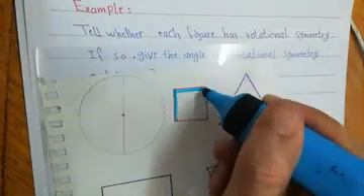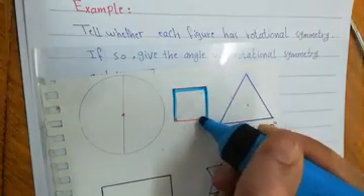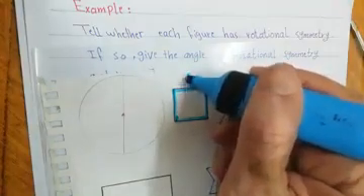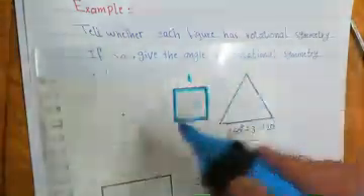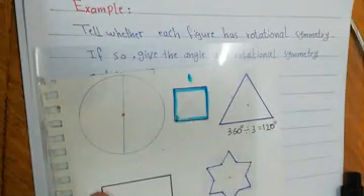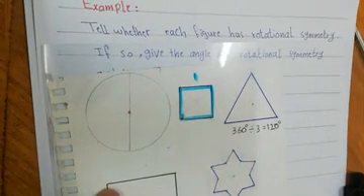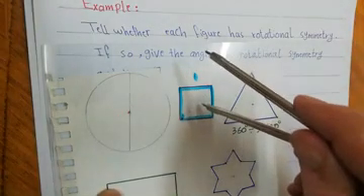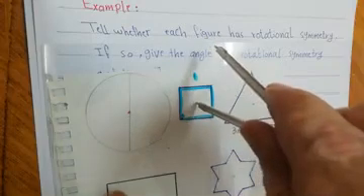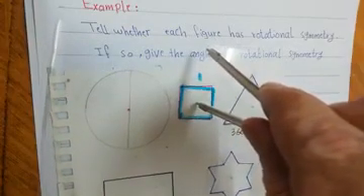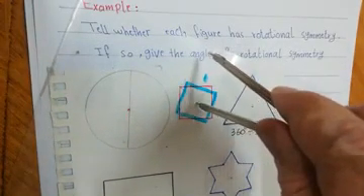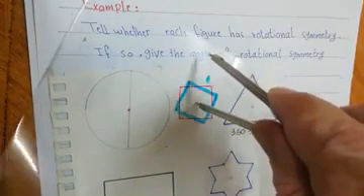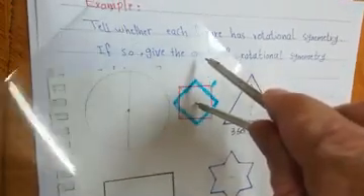I will copy it on this patty paper, and I will mark this side to move back to this place again, and I will start rotation. Look, I will start moving clockwise or counterclockwise, no problem. This is the first time.